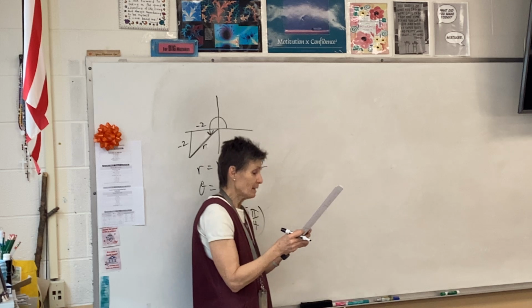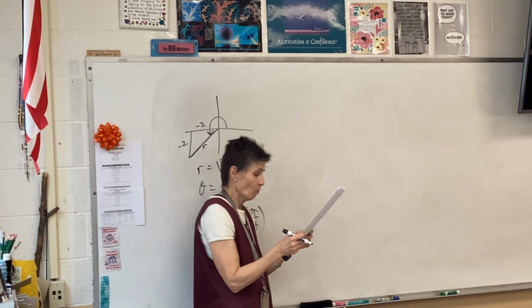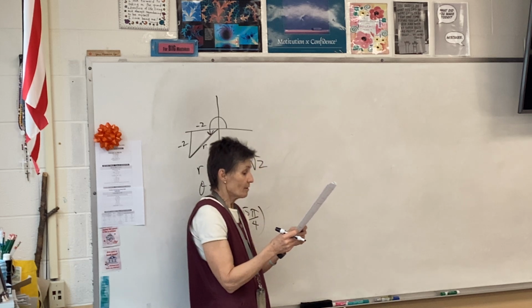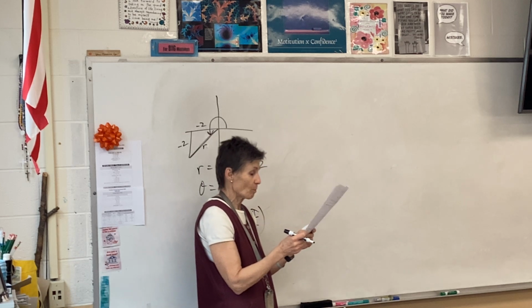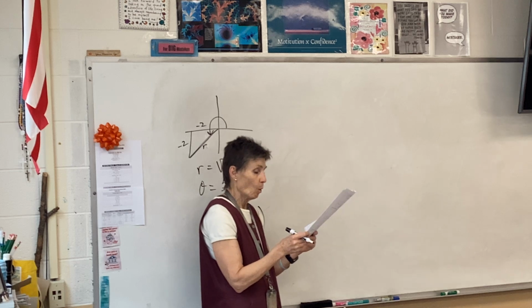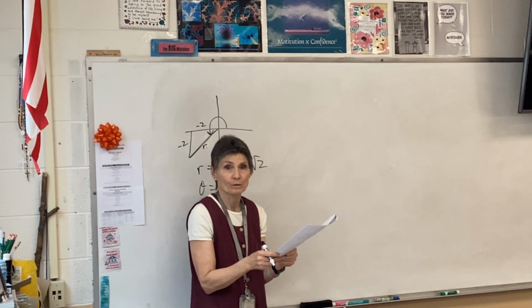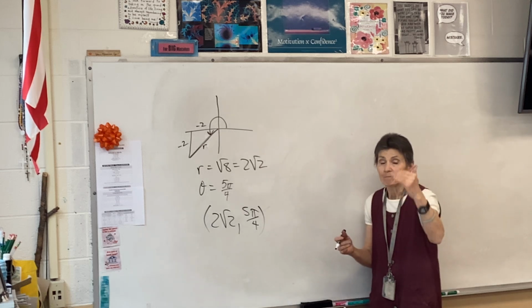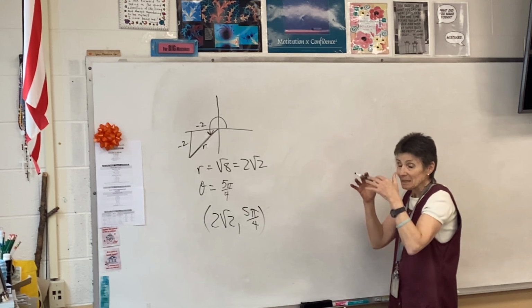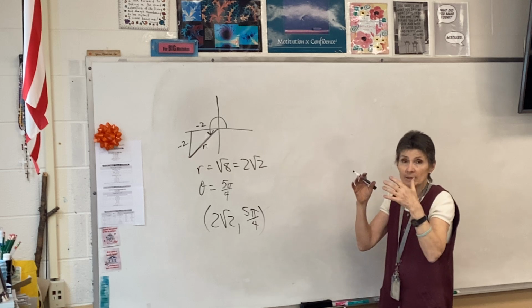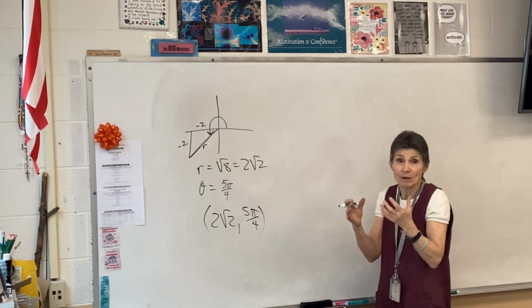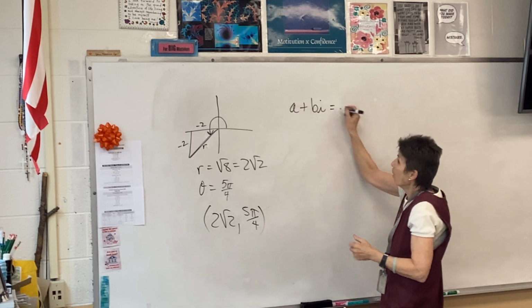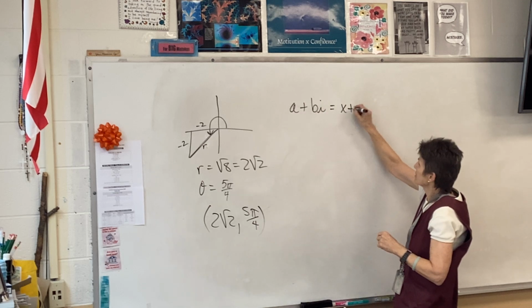Now, a complex number is expressed by a point in the complex plane. Using polar coordinates, the complex number can be expressed like this. What are the rectangular coordinates? Now, we didn't really talk about this, but remember, a complex number in rectangular form is a plus bi or x plus yi.